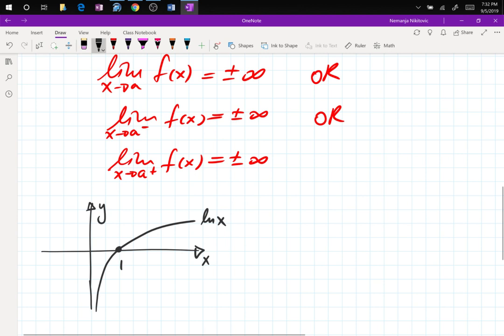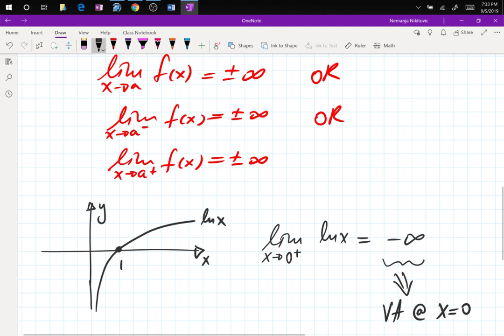Over here, you have a vertical asymptote at 0. If you take the limit as x approaches 0 plus, because you have to approach it from the right, of ln x, you will get negative infinity. And that over there immediately says vertical asymptote at x equals 0.